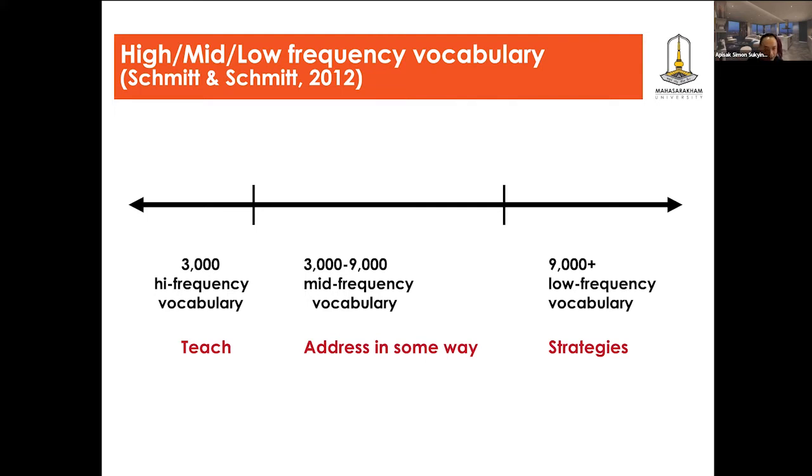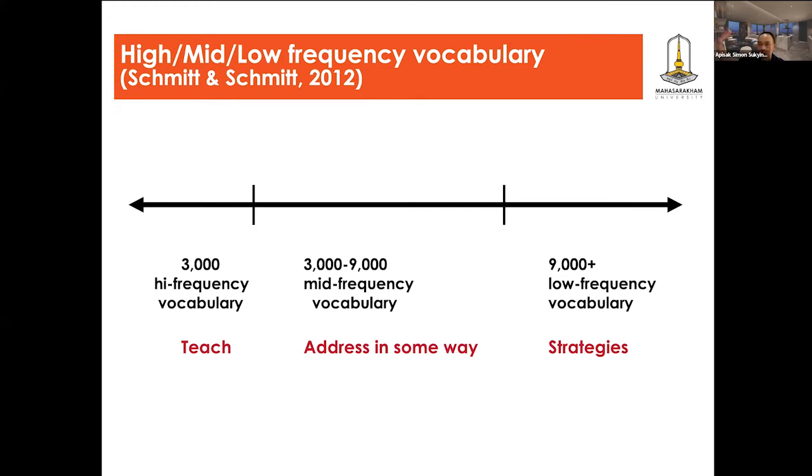The first 3,000 are considered high frequency vocabulary items, and these need to be taught explicitly in your classroom. But if you teach university students, English major or maybe non-English major students, you can measure or test your students' vocabulary size. If you find that their vocabulary size is about 3,000 or higher, you don't need to teach that.